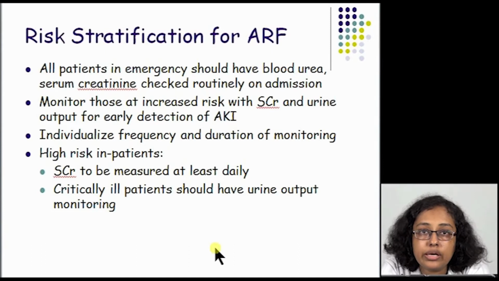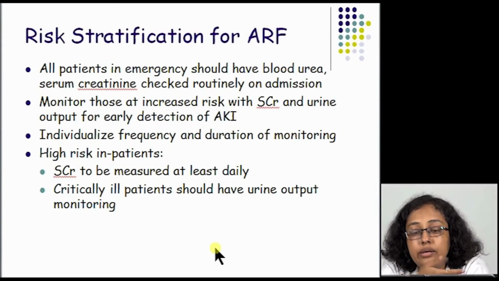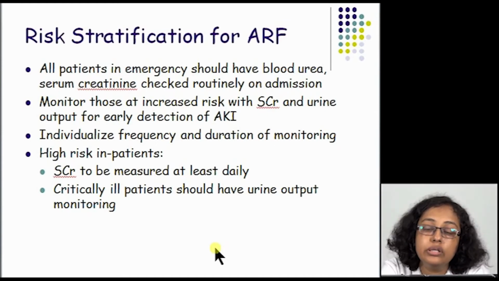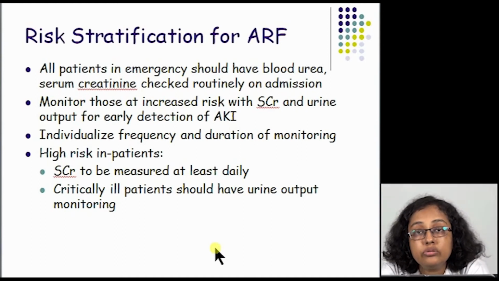Based on the exposure, the patient is stratified as low risk, medium risk, or high risk. And based on this risk stratification, the patient should undergo serum creatinine testing and urine output monitoring at regular intervals for early detection of acute renal failure. The frequency and duration of monitoring will change depending upon the degree of risk the patient is exposed to.